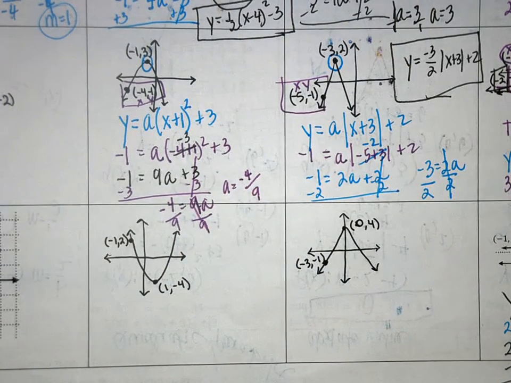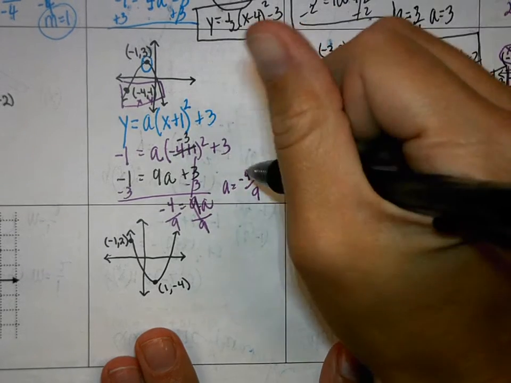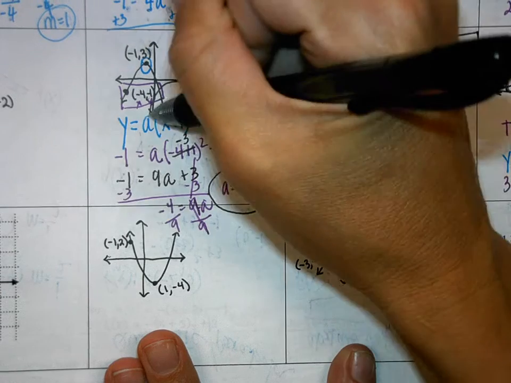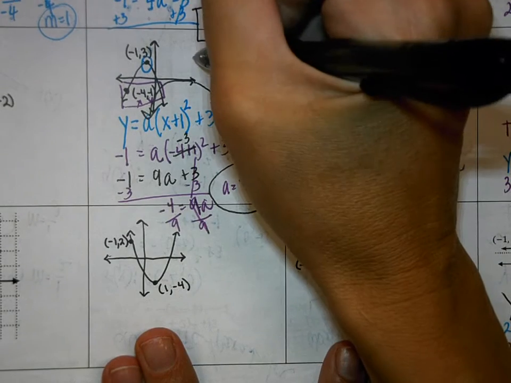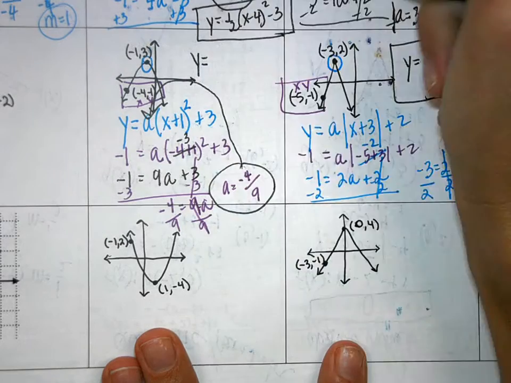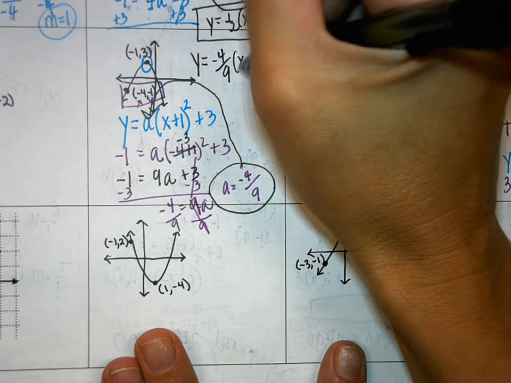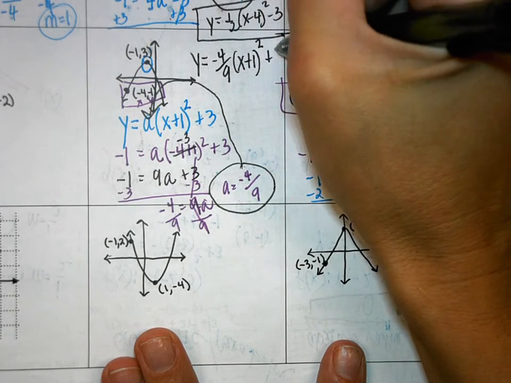So my final thing is to write my equation. So I take this information and we're now plugging this in for a. And so we'd write our equation as y equals, good, -4 over 9, x plus 1 squared plus 3. And that is the equation for my parabola.